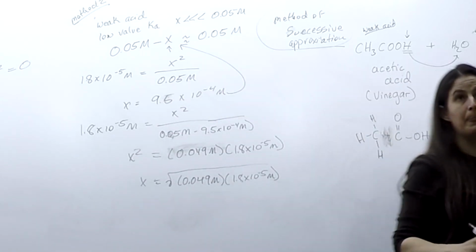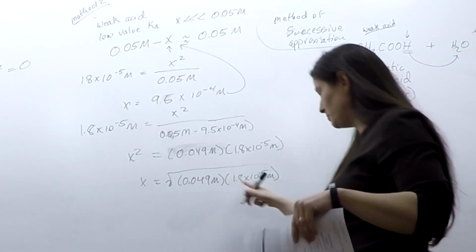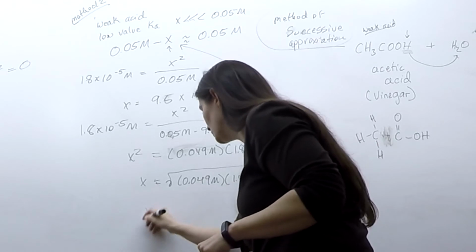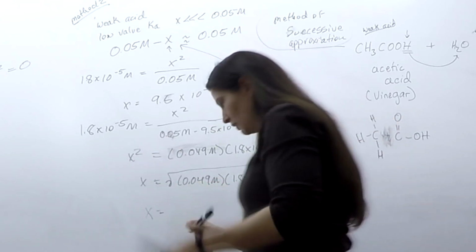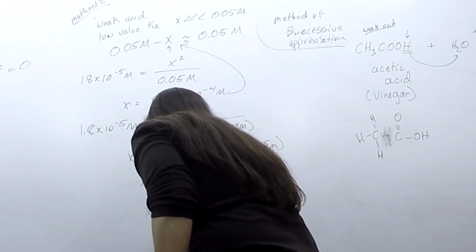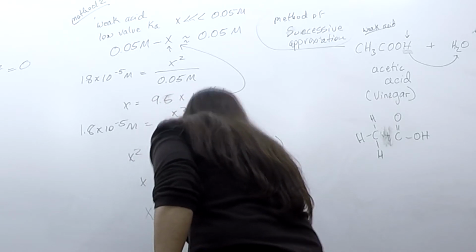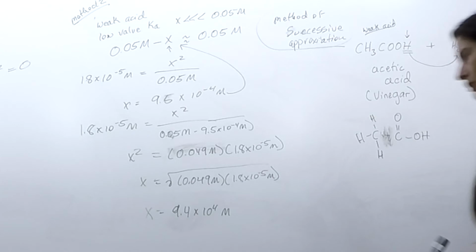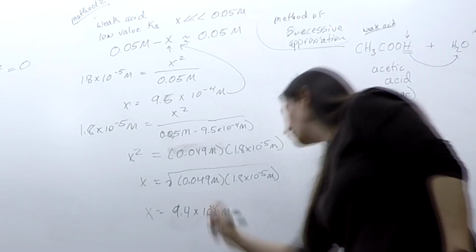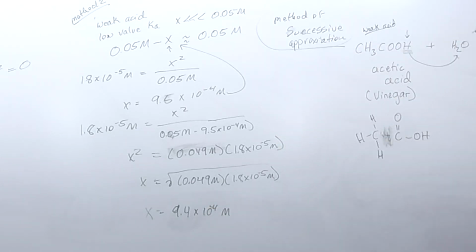Okay. So multiply these two together, take the square root, so X is going to equal, in this iteration, 0.94 times 10 to the minus 4 molarity.